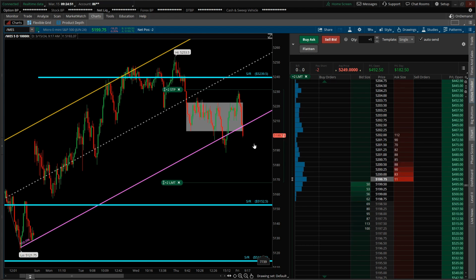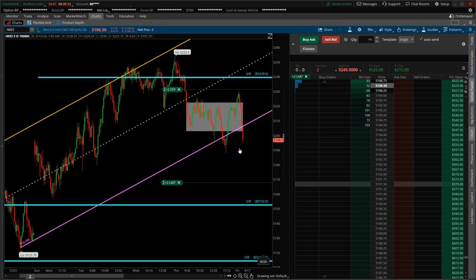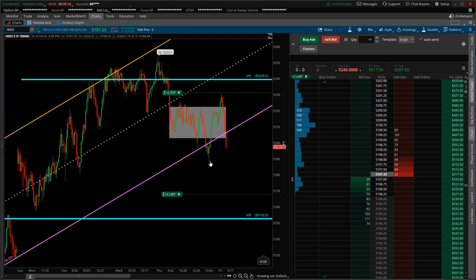So it's possible that we might see price come back down and possibly even fall lower than yesterday's low of 5,188. So 5,188 is sitting right here, which is a profit potential of $610. So that is yesterday's low.